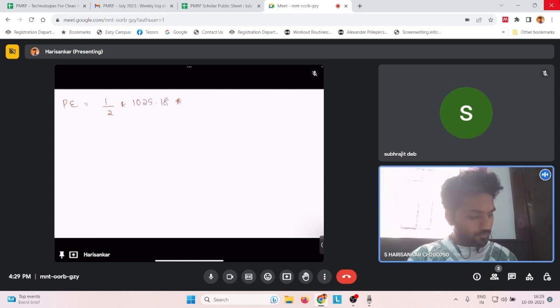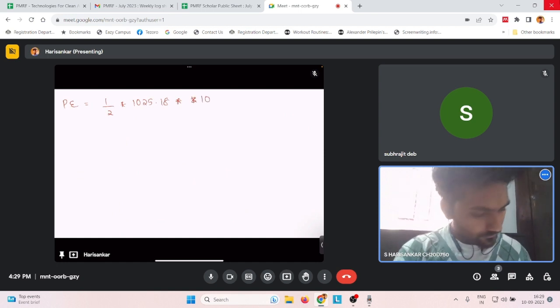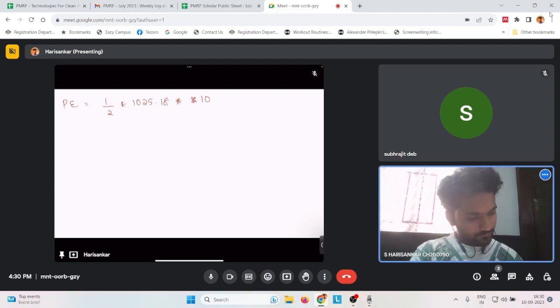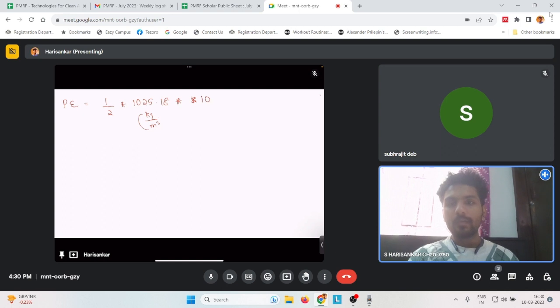Density of water is given as 1025.18 kilogram per meter cube, into A. Area is given as 10 kilometer square.